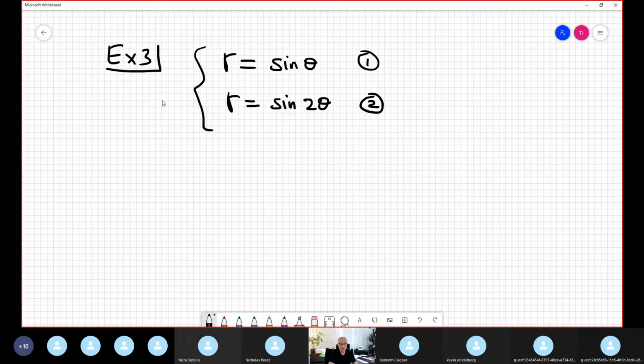Now, identification. What is the first one? The first equation: what does it represent graphically, in rectangular coordinates and in polar? This is example 3. In example 3, what is the idea in the first equation?